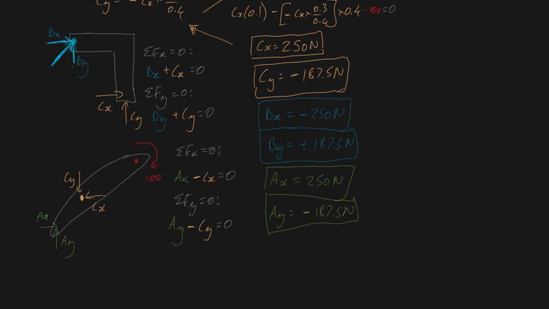So if you were to redraw that in a triangle, it actually looks like this. This will be the magnitude of your reaction force at B, this will be the magnitude of By, and this will be the magnitude of Bx, just there, right?